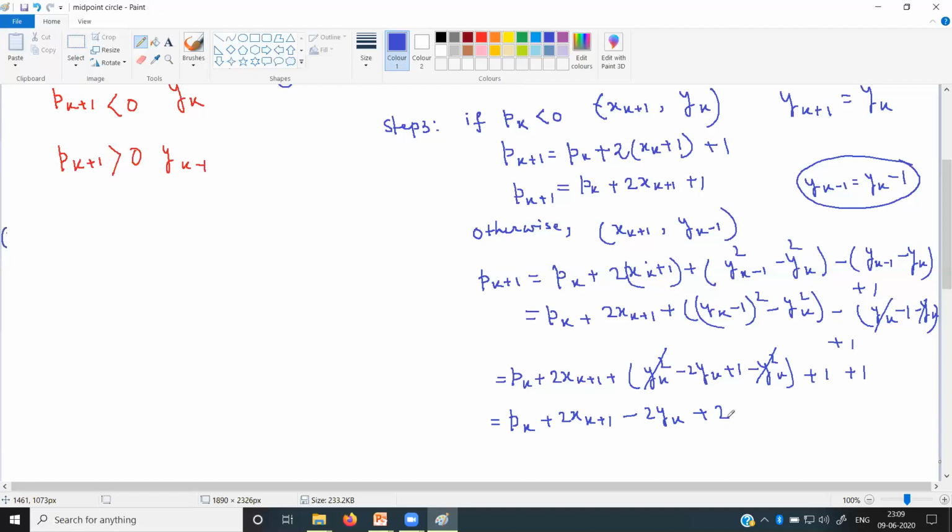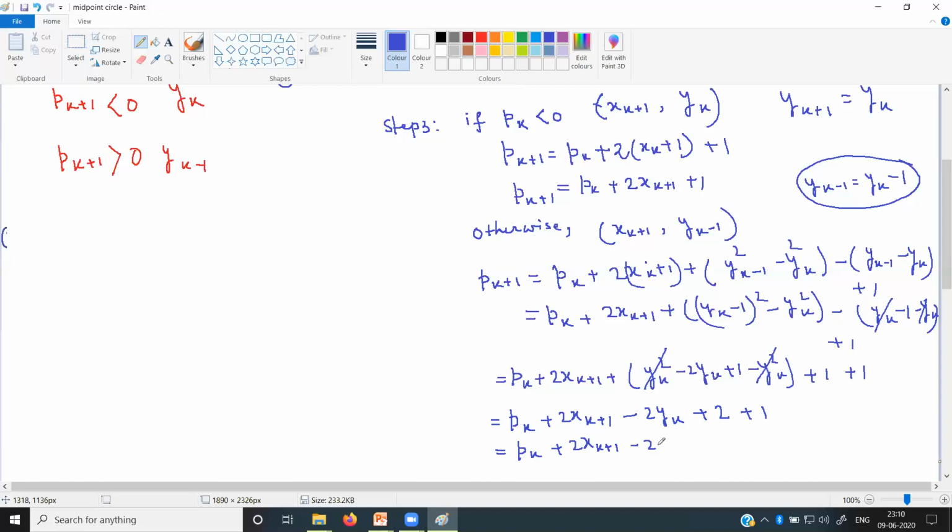Better I will write it like that, 2 plus 1. Fine. I can write it like that. Why have I written it like this? So you can see in the next step, we will write 2 of xk plus 1.